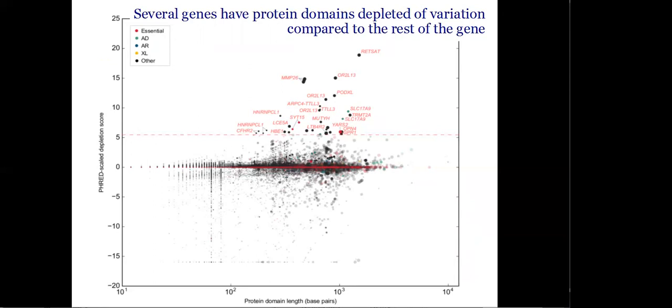So we found that in our data set, the genes above the red dashed line had protein domains that were depleted of variation compared to the rest of the gene. So those might pinpoint functional protein domains, such that if you find a rare variant in one, that might indicate that those variants are more likely to cause disease.